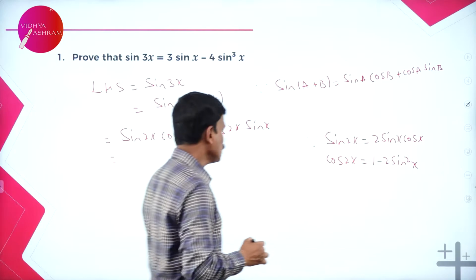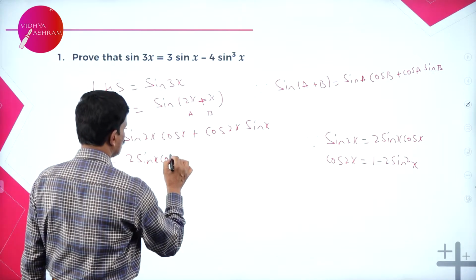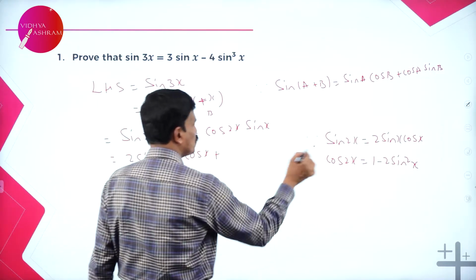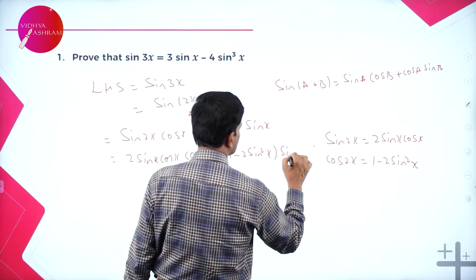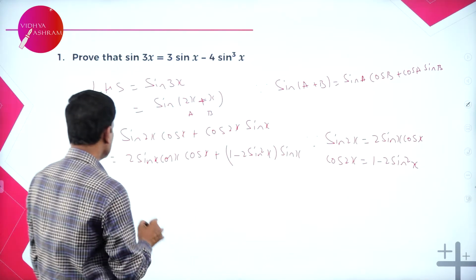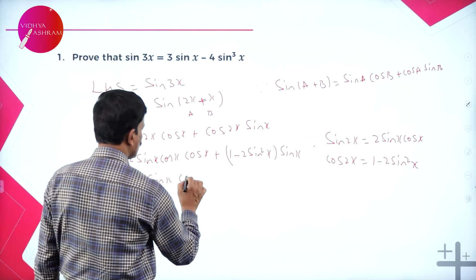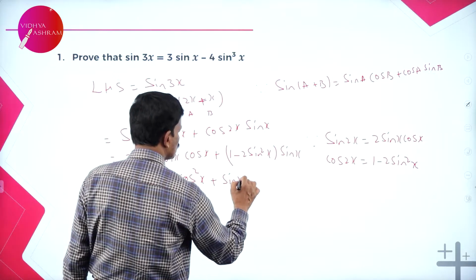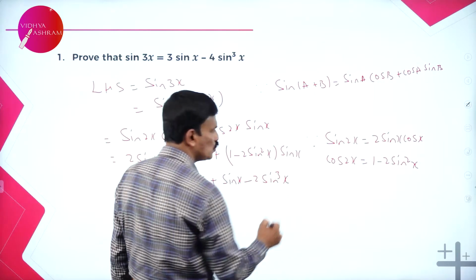Sin 2x is 2 sin x into cos x, with this cos x as it is, plus cos 2x, which is 1 minus 2 sin square x, into this sin x as it is. Now, this is equal to 2 sin x into cos x into cos x, which is cos square x, plus sin x into 1 is sin x, minus 2 sin square x into sin x is sin cube x.